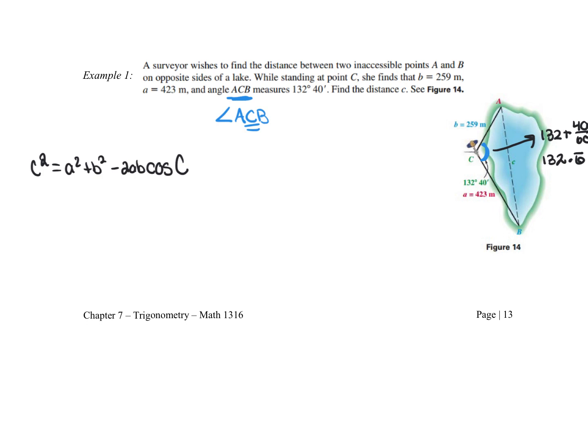So now that I have angle C, I can plug the stuff in that I want. So c squared is going to equal a squared, which is 423 squared, plus 259 squared, minus 2 times 423 times 259 cosine of 132.6 repeating.